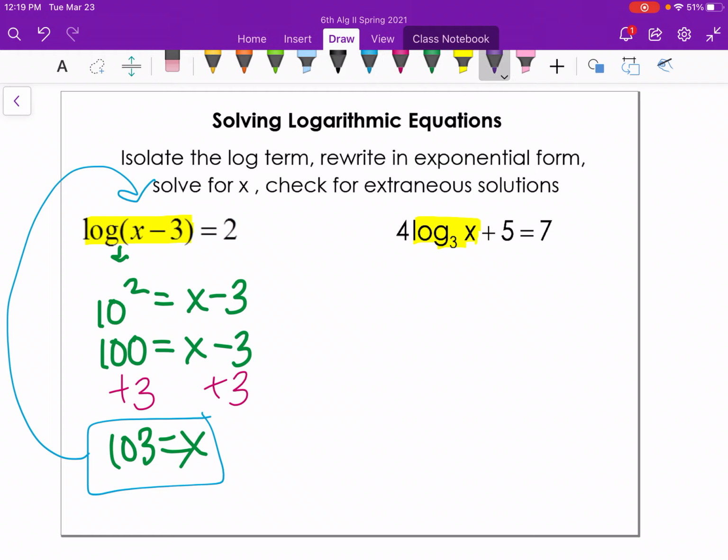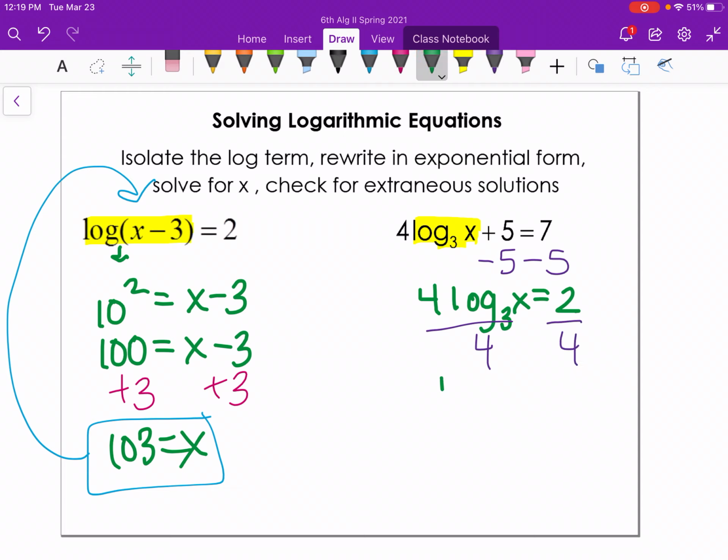In number 2 here, I have to start out by isolating my logarithm. So I'm going to subtract 5. I have 4 log base 3 of x equals 2. Divide by 4. And so log base 3 of x equals 2 divided by 4, which is the same as 1/2.